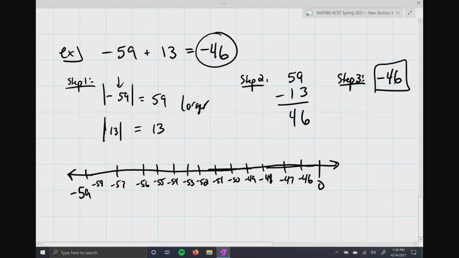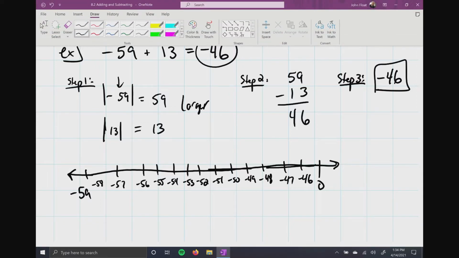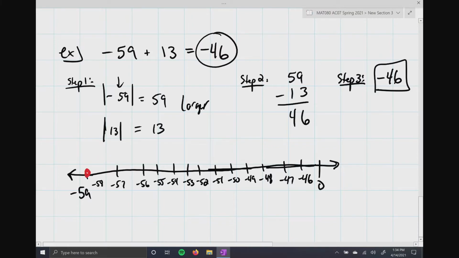All right. So like I said, and hopefully now you can see the downfall of the number line. Number one, my number line is garbage. It looks horrible, but that's okay because I'm just trying to illustrate a point. If we're starting off at negative 59, this plus sign tells me I'm moving in the opposite direction of the negative, which means I'm moving to the right. And I'm going to move to the right 13 units.